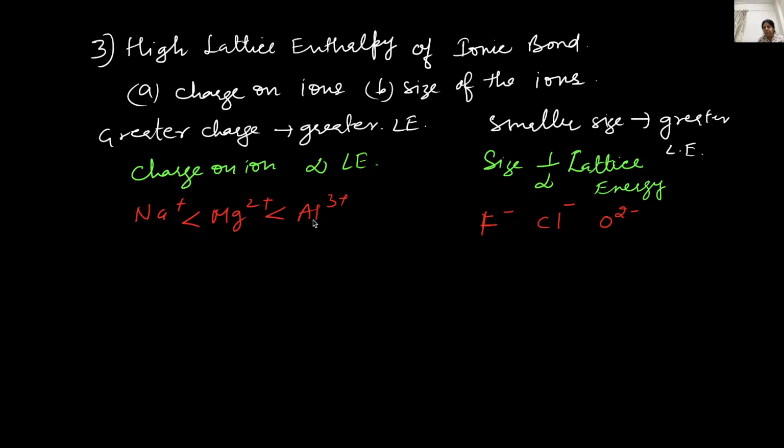When the positive charge on the atom increases, the size decreases, and as the size decreases and charges increase, lattice energy is directly proportional. The same concept we apply here for the size of the ion also. This is in terms of charge and this is in terms of size.